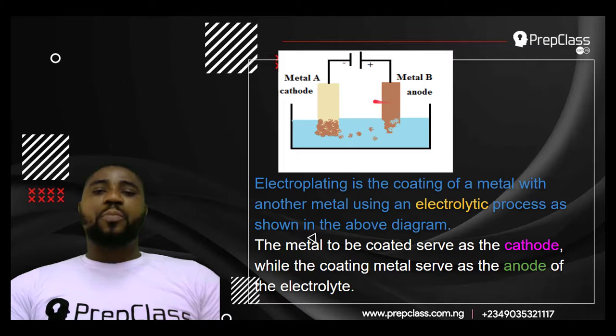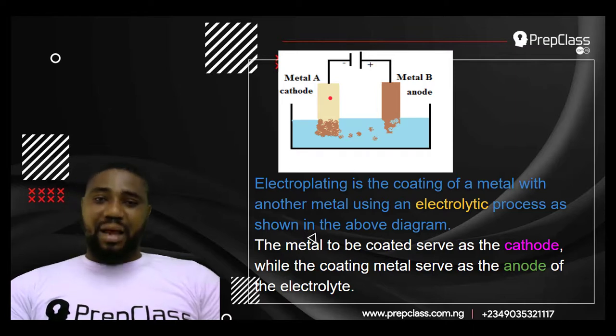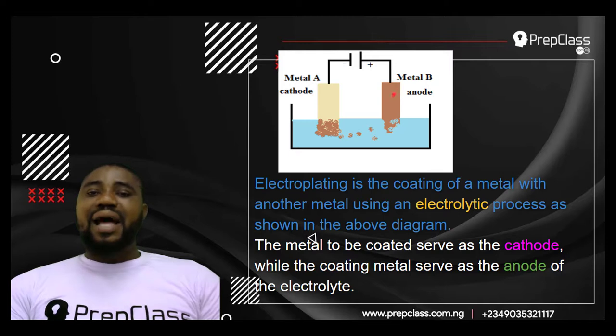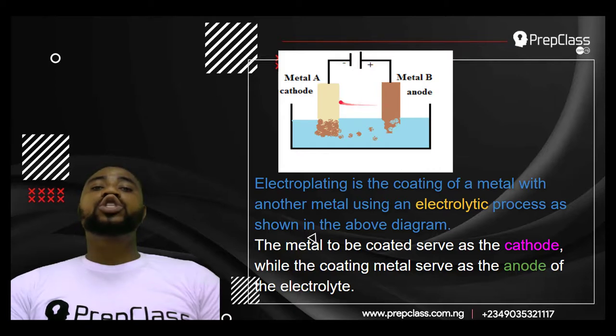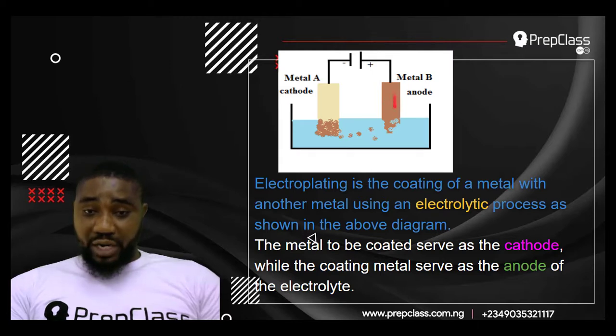So if you want to perform electroplating, coating a metal with another metal using an electrolytic process, the coating metal, the one you want to use to coat the other metal, for example, I want to coat an iron spoon with silver, the coating metal, silver, will be on the anode.